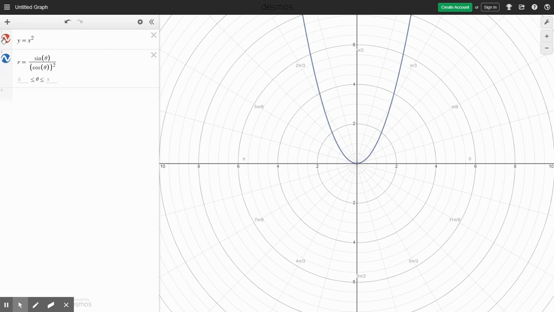The only difference is that one is written in Cartesian coordinates and the other in terms of r and theta, which is polar coordinates. So all we have done is represent the same equation, but now in terms of r and theta.